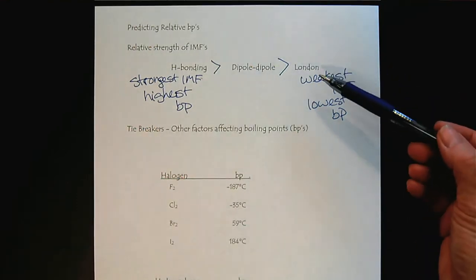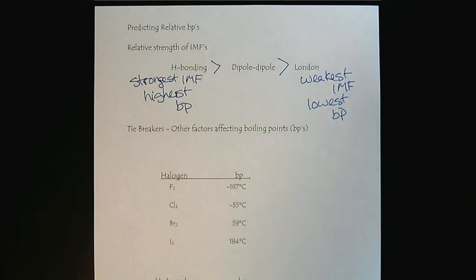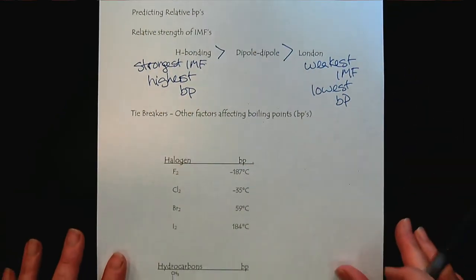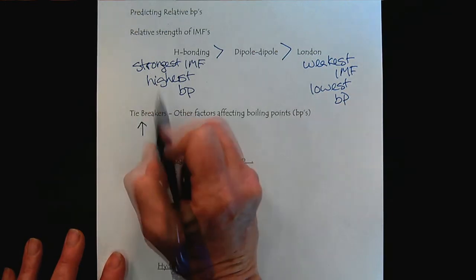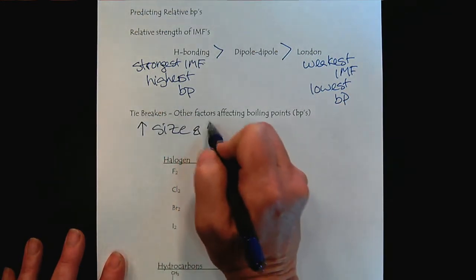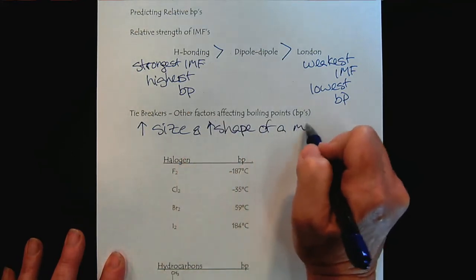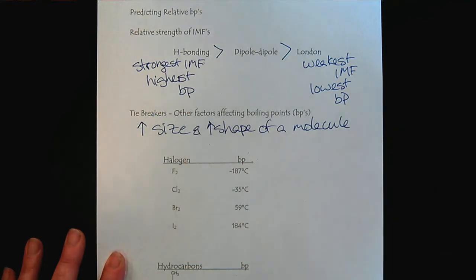Every compound does experience London forces, and so as we increase the size and the shape of a molecule, we are going to increase the London forces, and that's going to increase the overall intermolecular force.